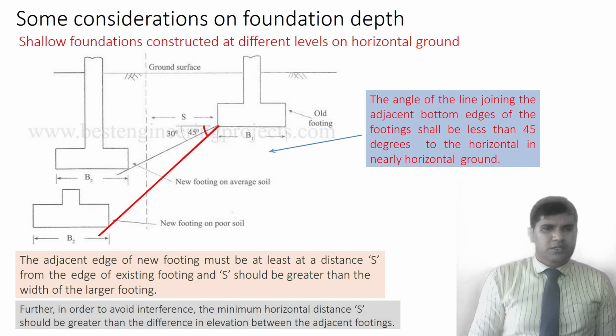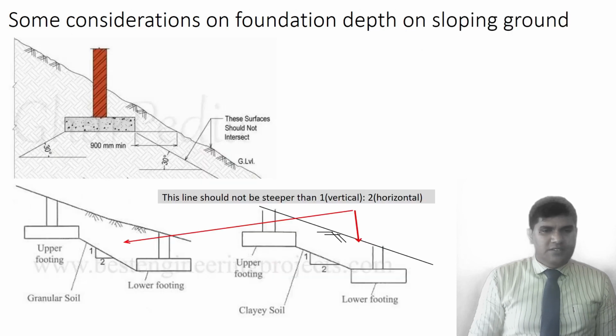Then the foundation depth. When we have a flat level of ground, sometimes the foundation depths are going to be different from location to location. When you select the locations and the foundation position, your direction or the angle is very important, and that is commonly considered in the foundation depth considerations.